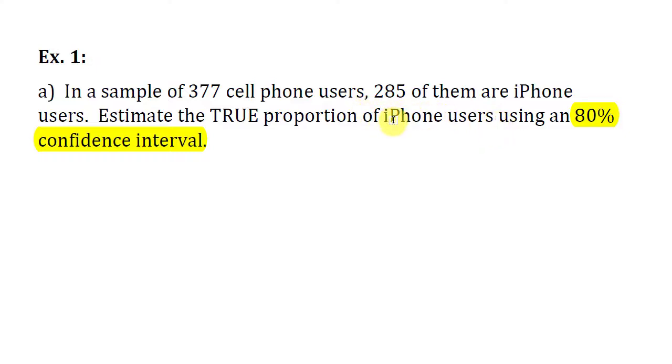I'm looking at the global proportion of iPhone users. And so what we have here is only a sample of 377 cell phone users globally. We found 285 of them are iPhone users.